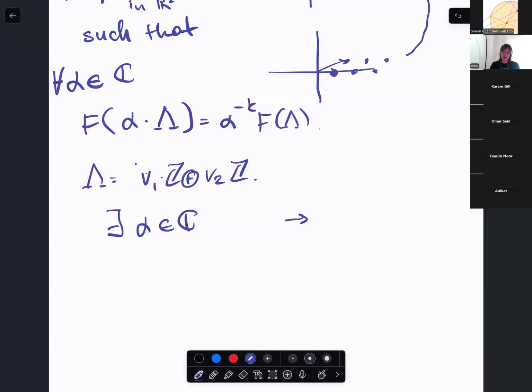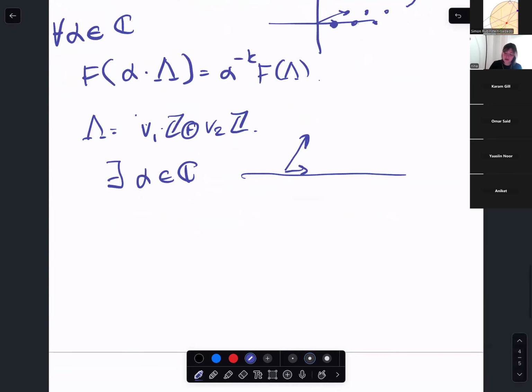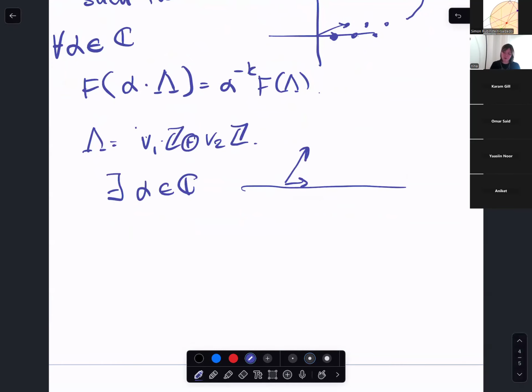So for example, take alpha where you just divide by v1, and the other one would become something in the upper half plane. And because of that, as long as you know what this function does on the upper half plane, you know what it does on all the lattices. And if you stare at it for a bit, you will see that the scaling operation is secretly the same as what we said about the function before.